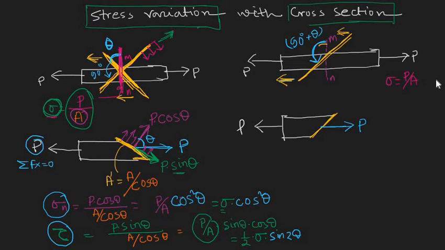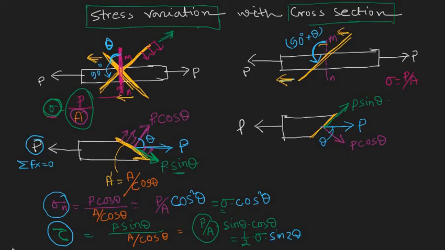The normal component is this one, and this is the tangential component. Here, which one is theta? Yes, this angle is theta. So the normal component is P cos theta, and the tangential component is P sin theta.